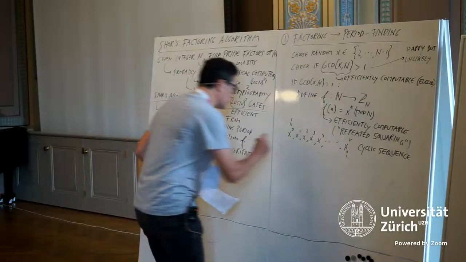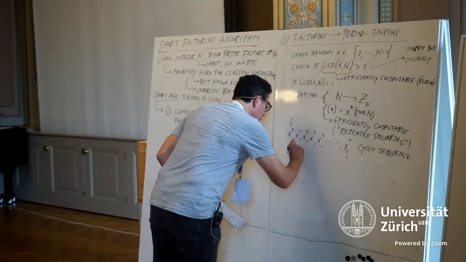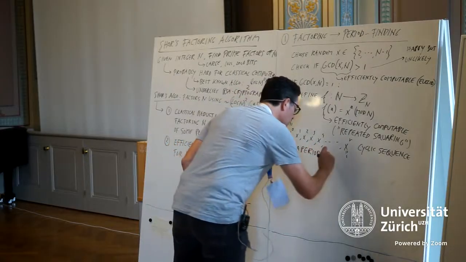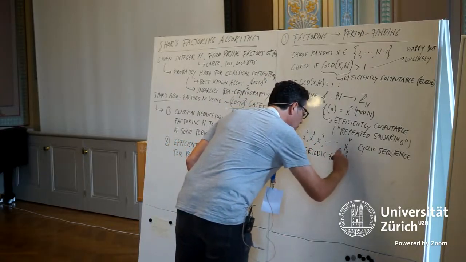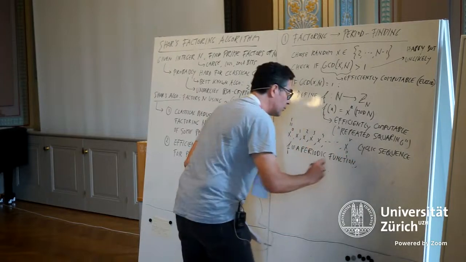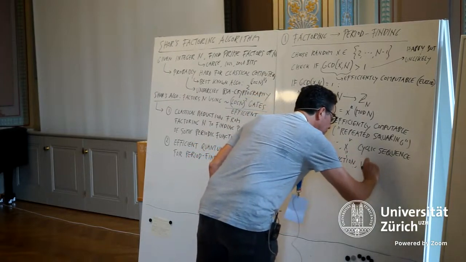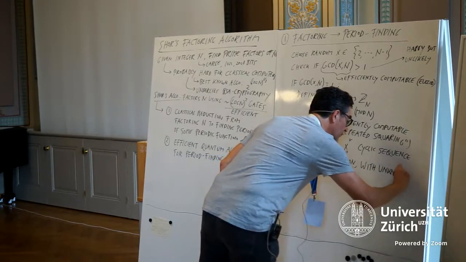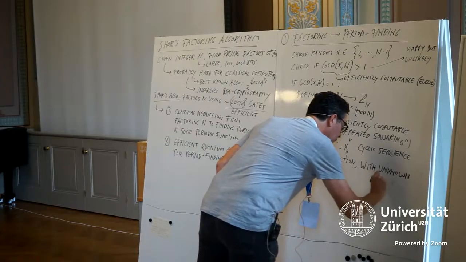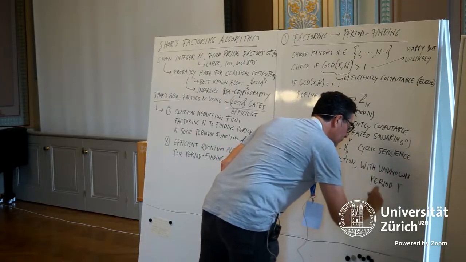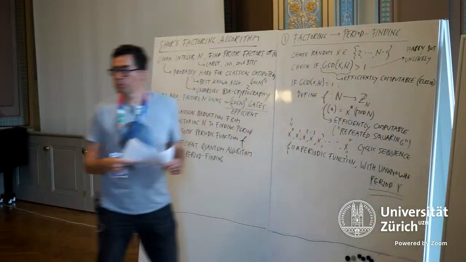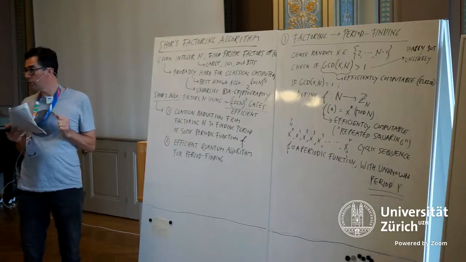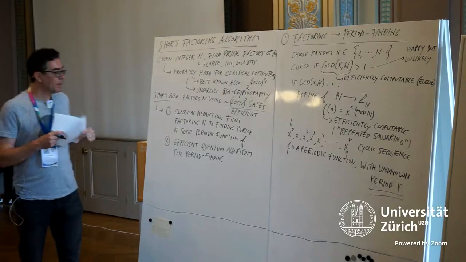So f is a periodic function with some unknown period r. And I'm underlining the word period r here because finding this number r, this is what the second part of the algorithm is all about.